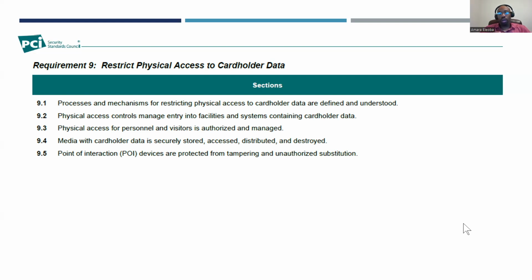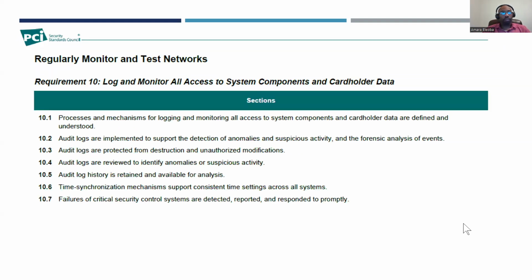So if you are using a POS system, or let's say you went to a restaurant, that first initial device where your credit card is being used is the point of interaction. We want to make sure that device is protected and cannot be tampered with easily. And that's what requirement 9.5 addresses.